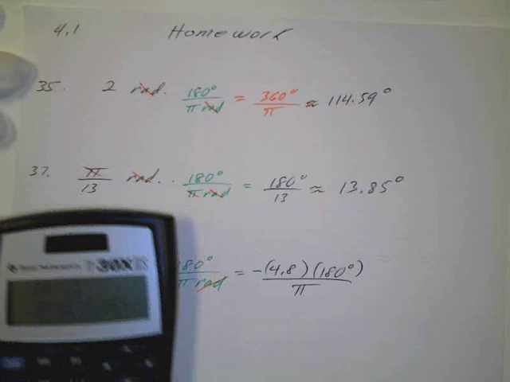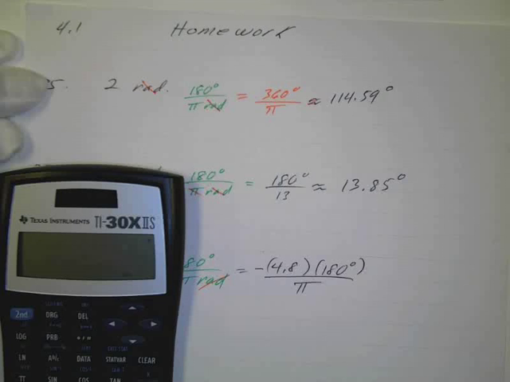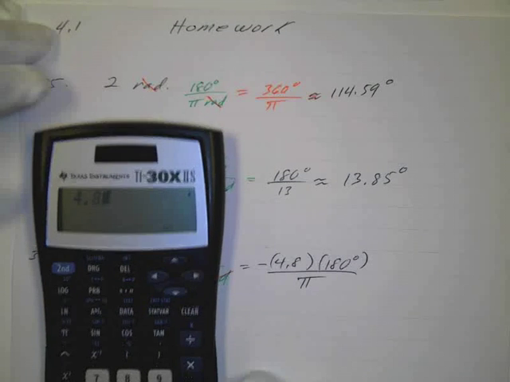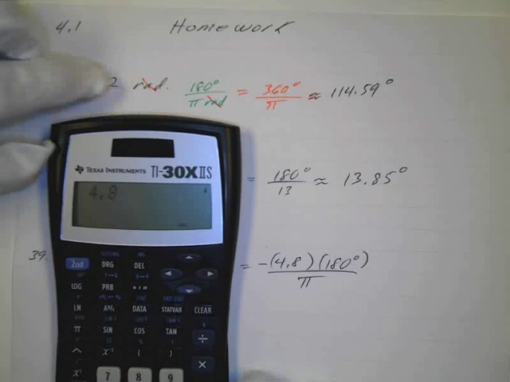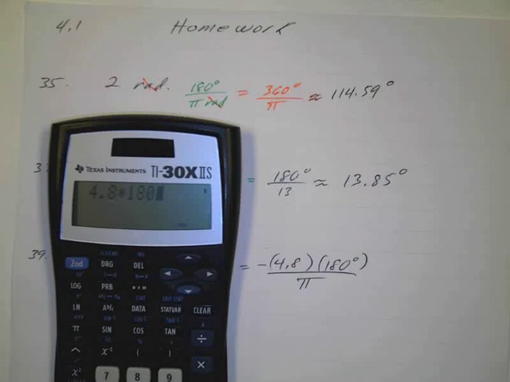Okay, so I'll get my calculator out and do this. Shouldn't be real difficult. And you can just add the negative sign afterwards, so 4.8. Okay, hope you can see that there. 4.8 times 180, enter.